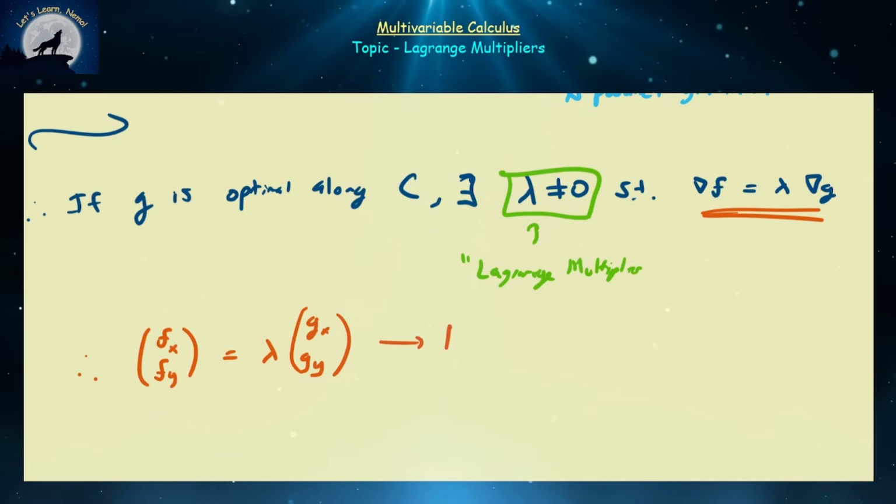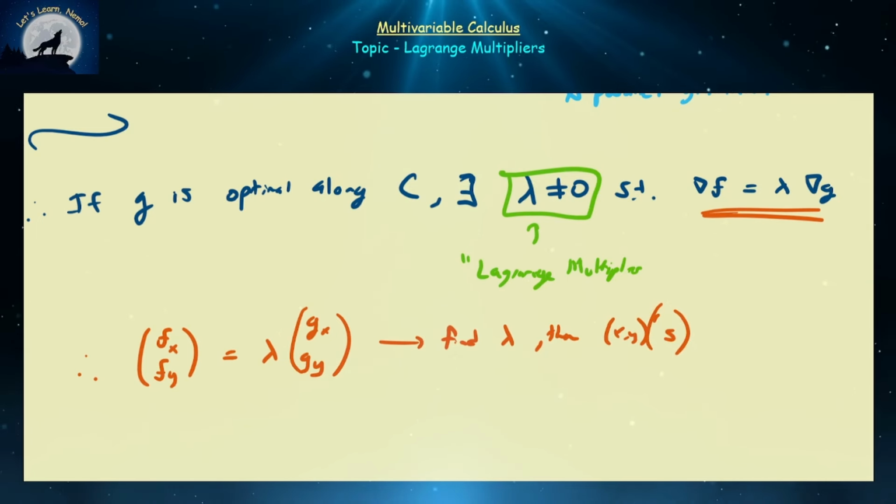Then we're going to first find lambda, the Lagrange multiplier, and then find the x, y where f is optimal along that path.